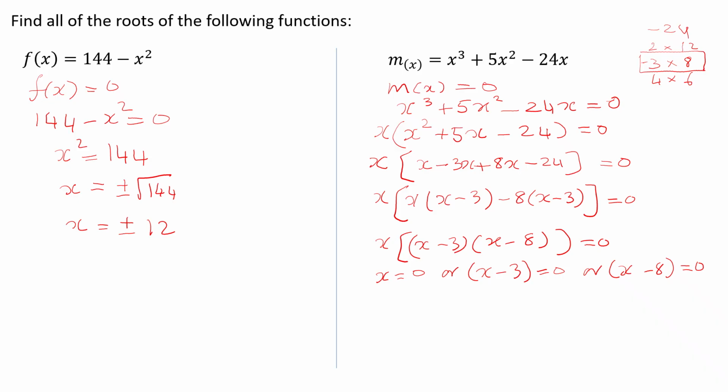If x minus 3 equals 0, then x equals 3. If x minus 8 equals 0, then x equals 8. So we have three answers because this is a cubic equation: x equals 0, x equals 3, and x equals 8.